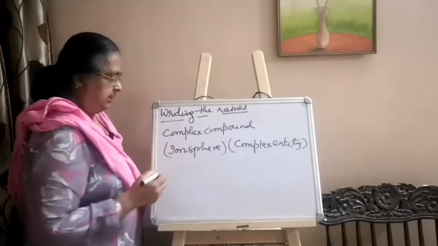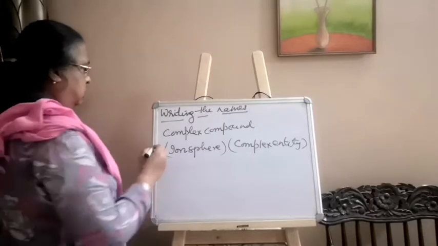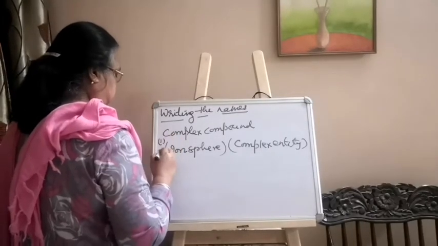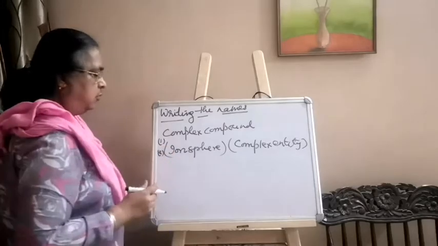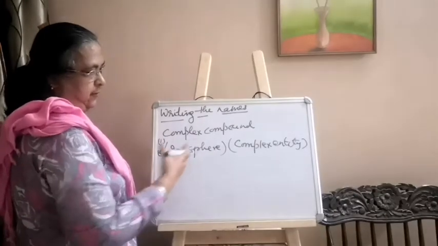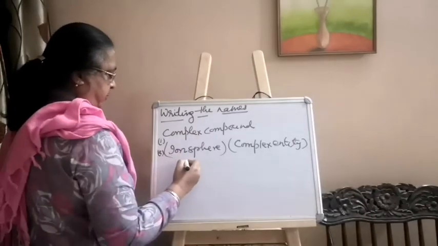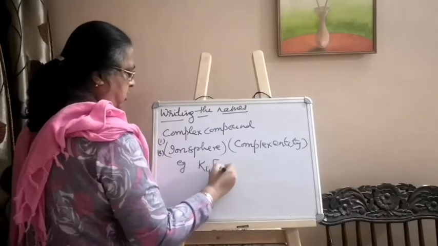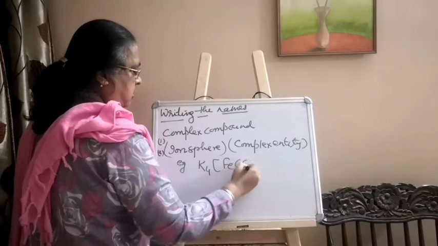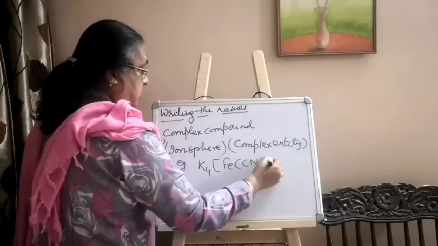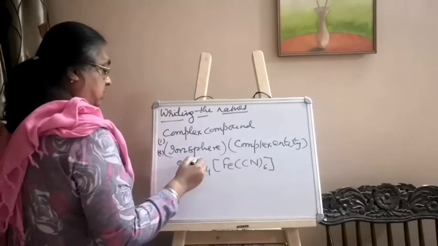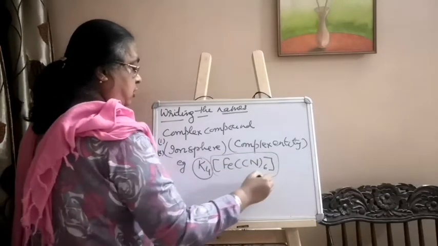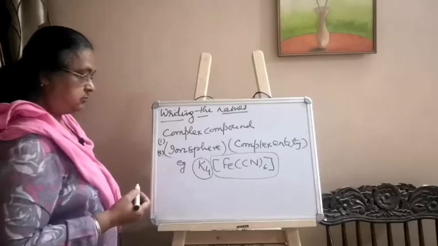This is the first example, when the ionosphere is before the complex entity, the example you have done, K4[Fe(CN)6]. This is the ionosphere and this is the complex entity.